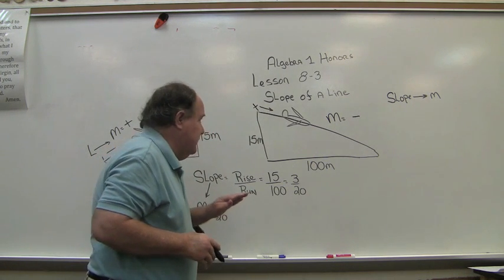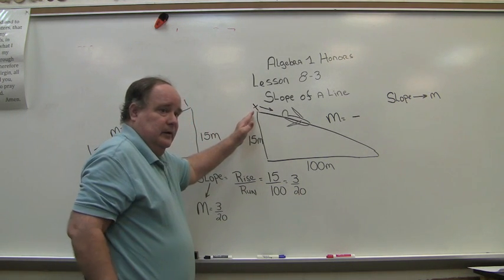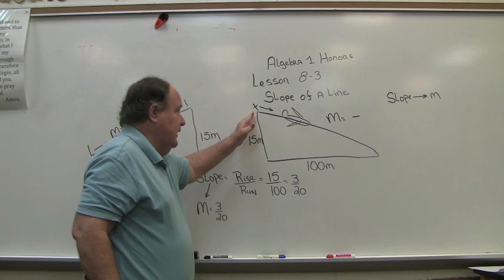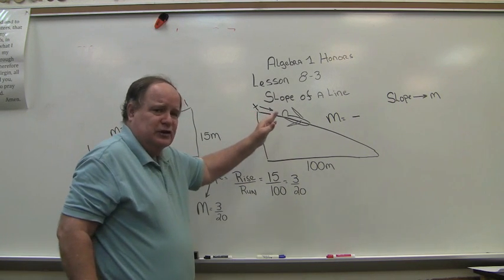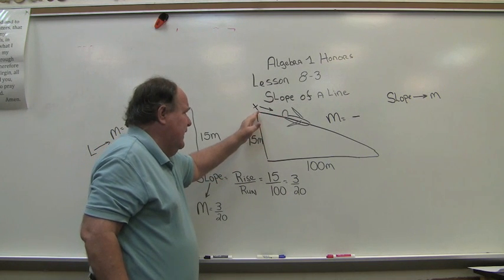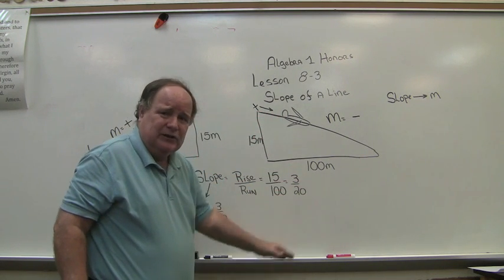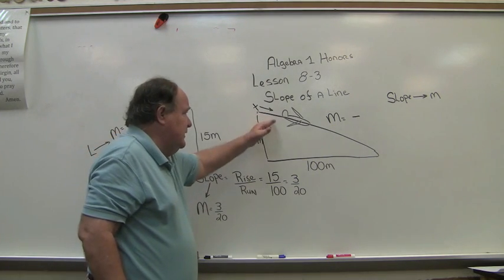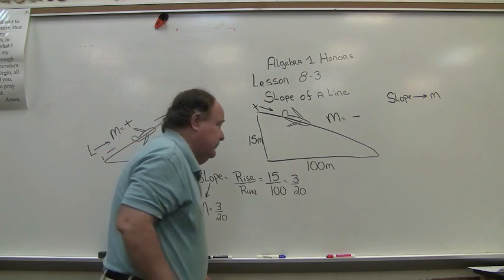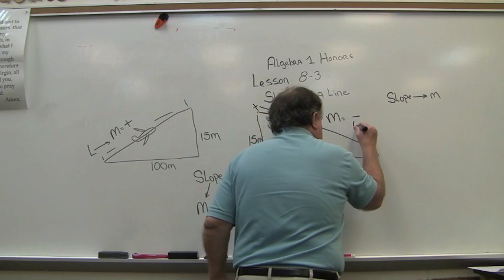You start on the left-hand side of your incline, and you say, if I put a plane, usually I use a car, but a plane's okay, and it starts heading down, it's going to eventually crash. That's a negative thing. So if it's going down, my slope will be negative.